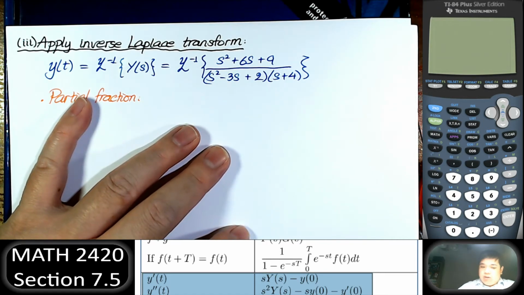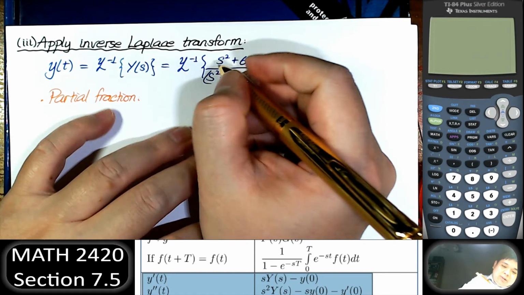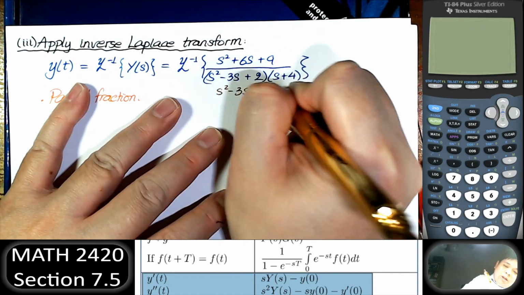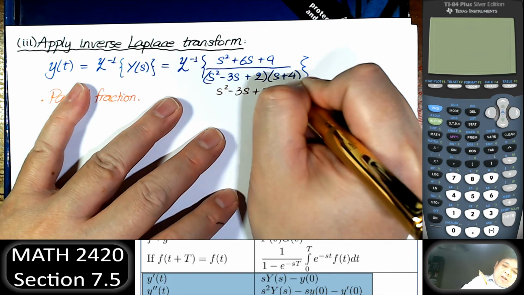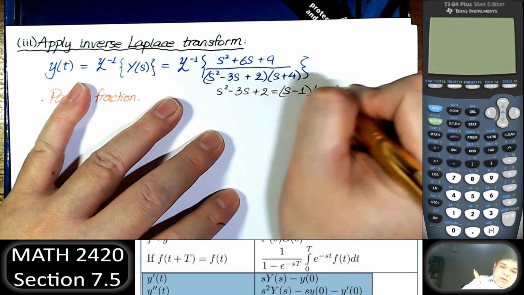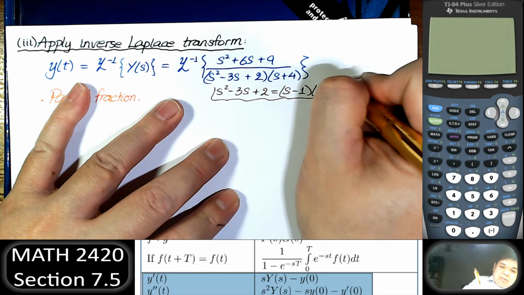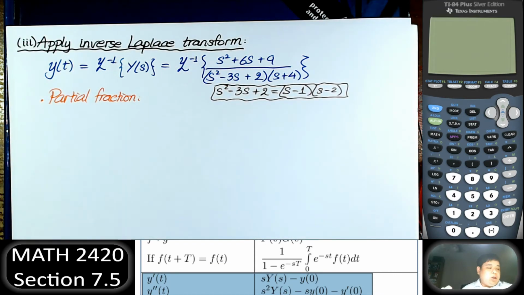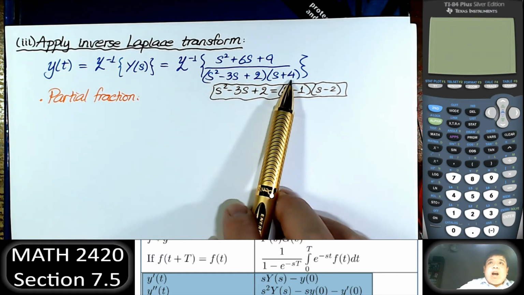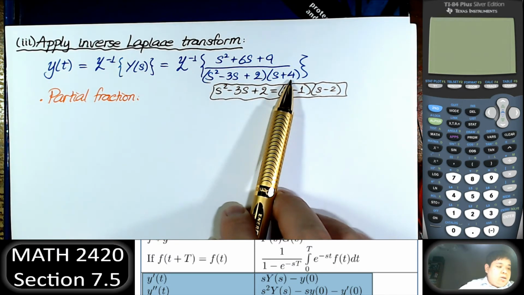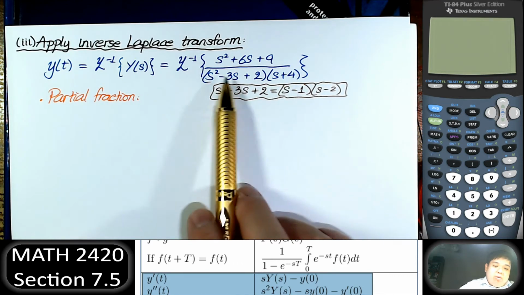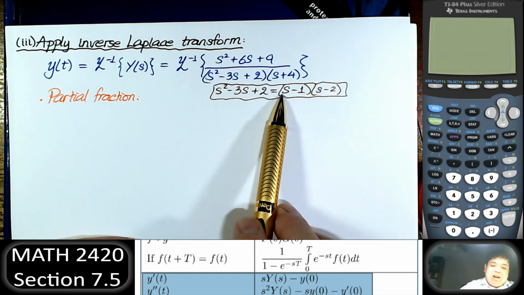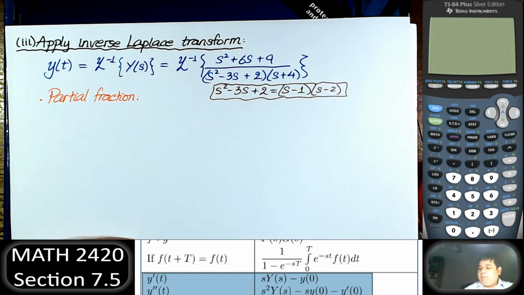So I will write down that s squared minus 3s plus 2 is s minus 1 times s minus 2, because before we do the partial fraction, we have to make sure that all the factors are irreducible. By irreducible, we mean we cannot factor anymore, and clearly this one we can factor further.